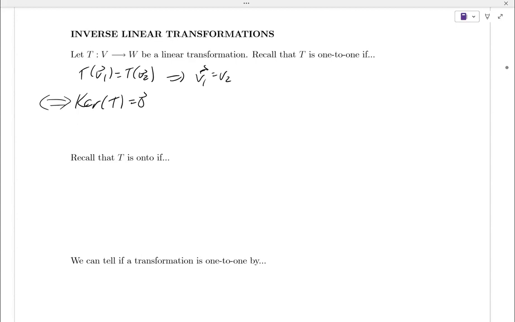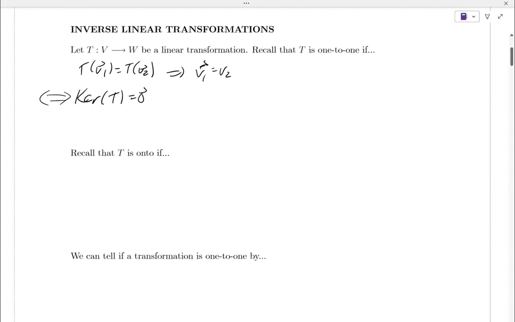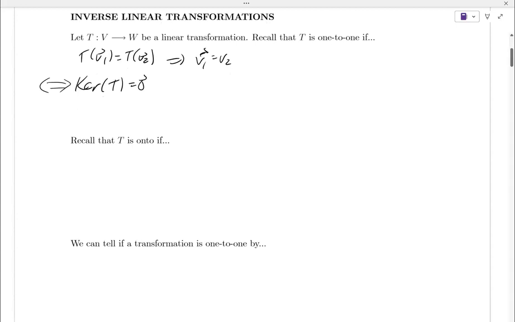For onto, if W is in W, what is it? Oh yeah, okay, we're going to get to that too. But the definition for onto says if we start with something in the codomain, what's true?